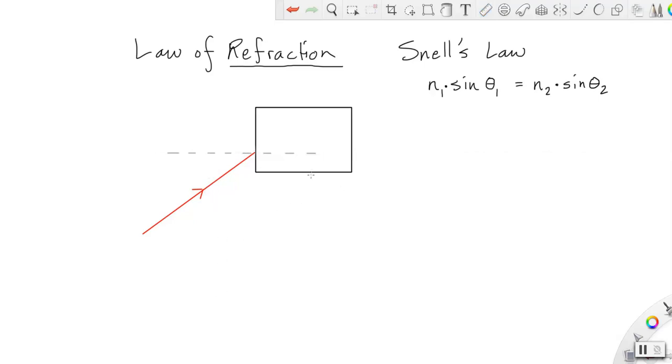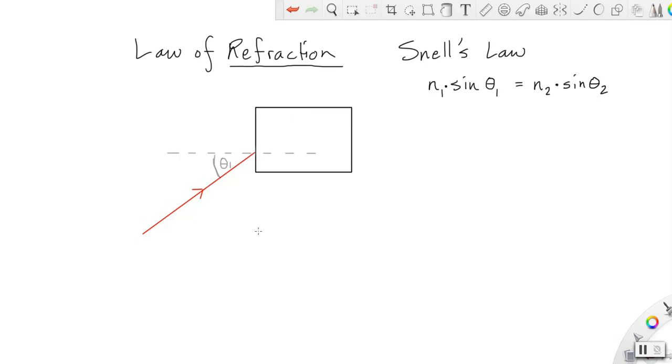So we draw the normal to the surface, and then we can draw the angle that we can call theta 1. Then the ray of light after it strikes the material is not going to continue in a straight line. It will be bent.